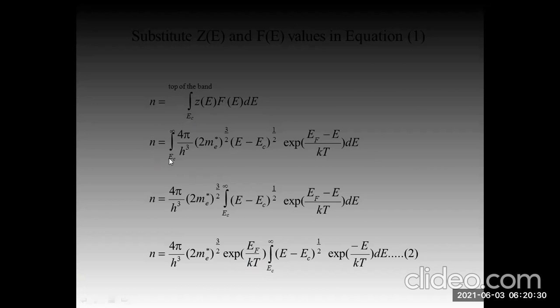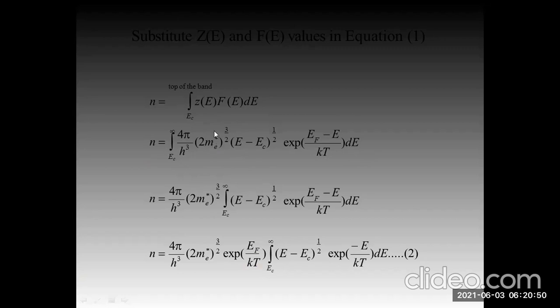So n is equal to the integral from EC to infinity of Z of E, which we just got as 4 by h cube (2m*) to the power of 3 by 2, times (E minus EC), the kinetic energy of the electron, to the power of 1 by 2, times f of E, which is exponential of (EF minus E) by kBT, into dE.